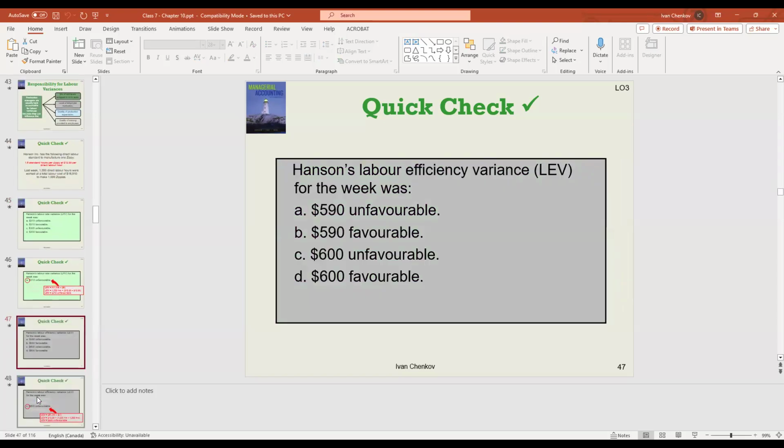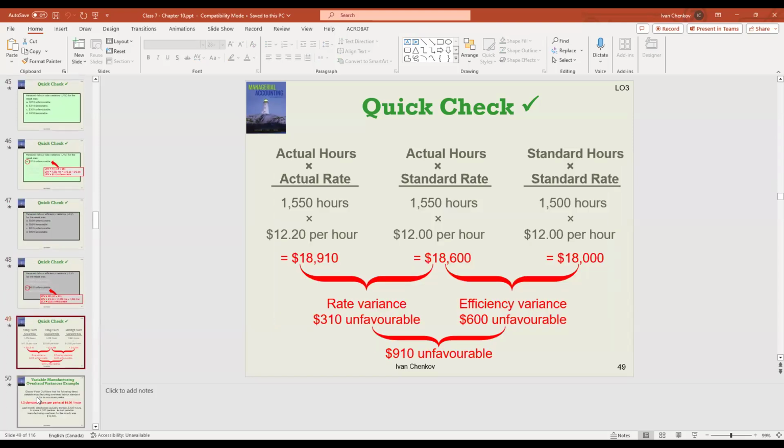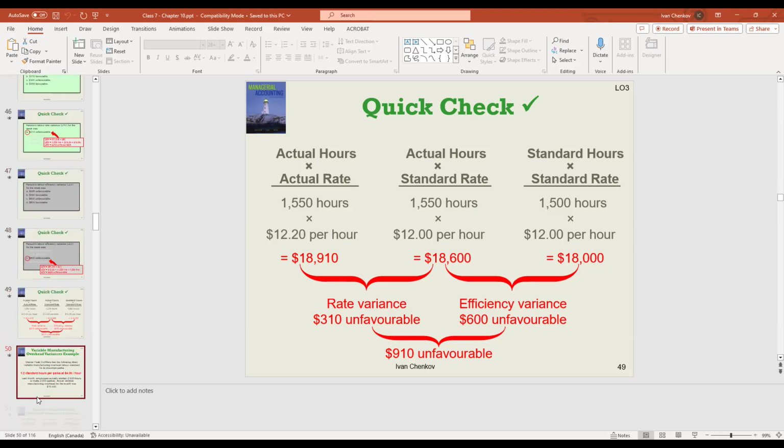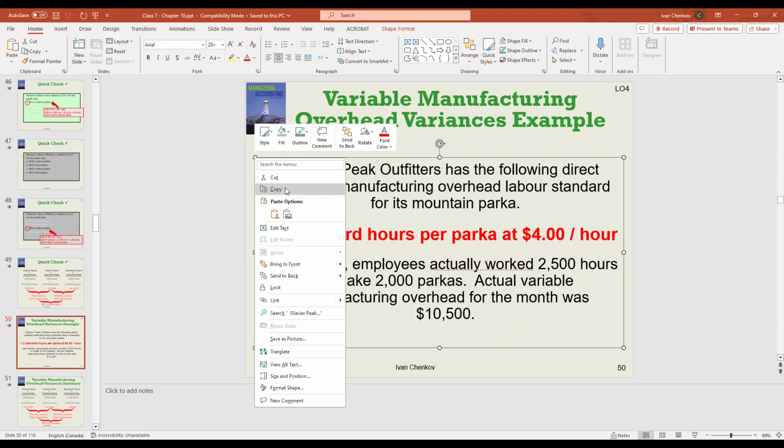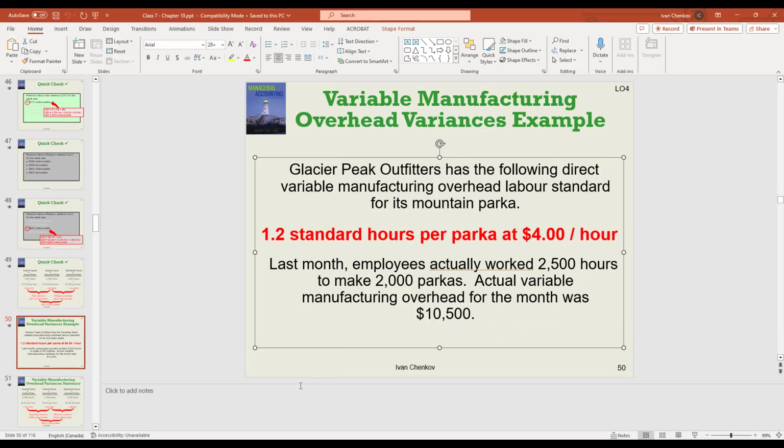And how much was our efficiency variance? 600 unfavorable. If we have to do the chart, that's what we have to do. And since we already did it, we're done with this. Let's move to the next one. Variable overhead spending variance. I'm gonna copy this, move to the Excel spreadsheet, and let's do it on the Excel spreadsheet again.